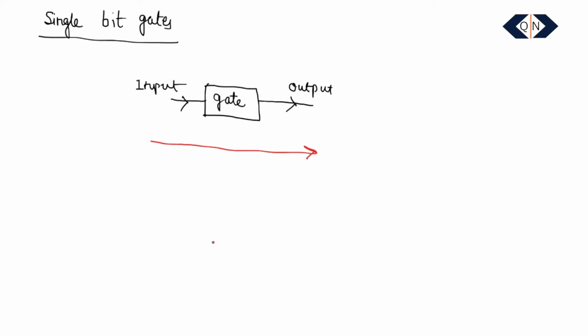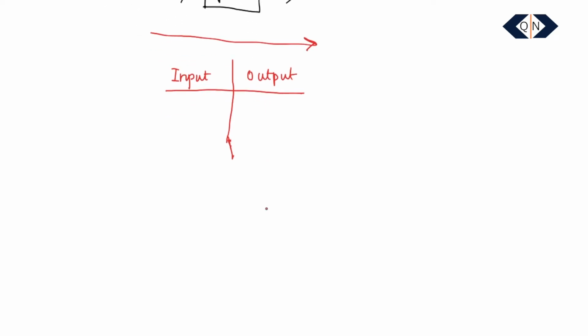Now let me draw an input and output table. Mind my handwriting. I am using this tablet while looking at the screen, so sometimes it can be a little bulky.